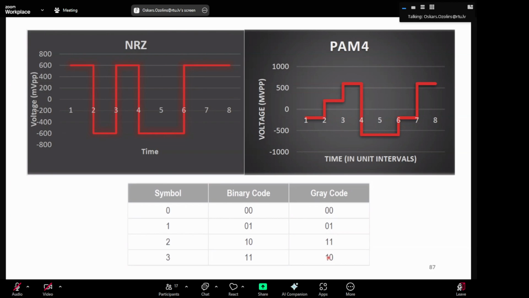So when you have an error in one of these symbols, then in gray coding it will translate to only one bit error. But in binary coding, for example, this bit is the same, but here you don't have that. So if you have an error on this symbol or on this symbol, it will lead to 2-bit errors.